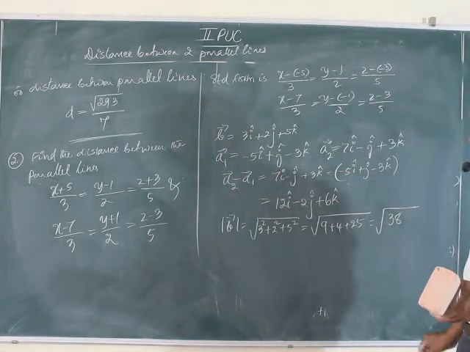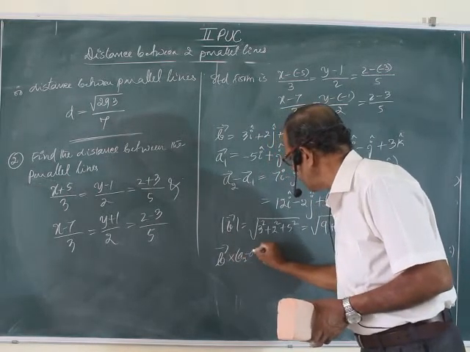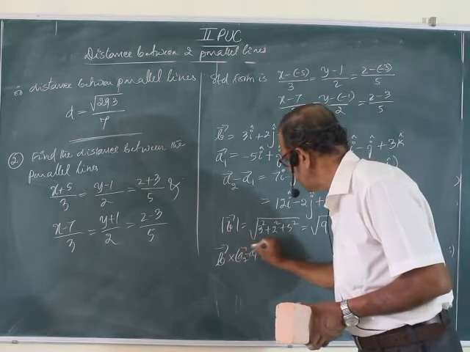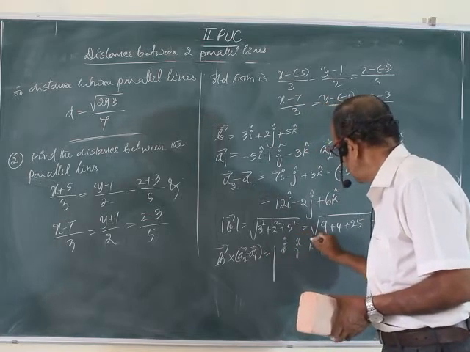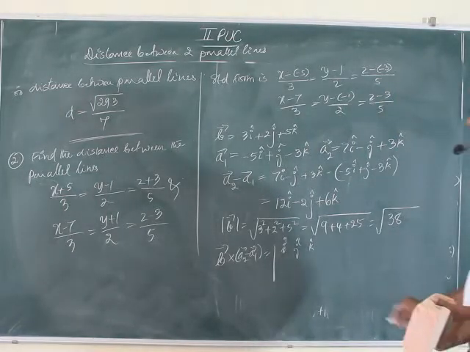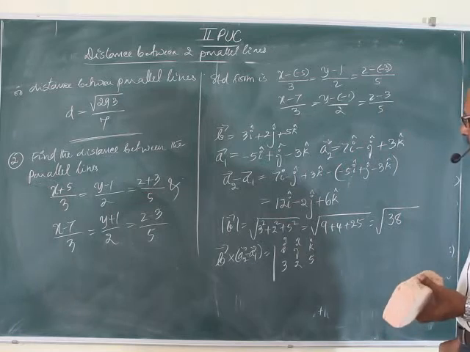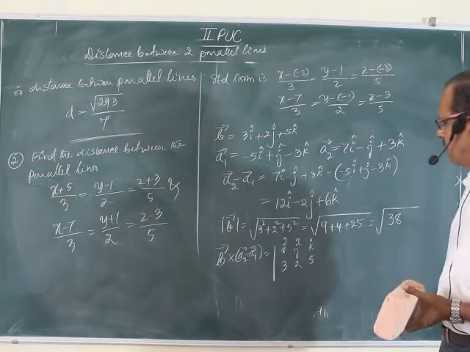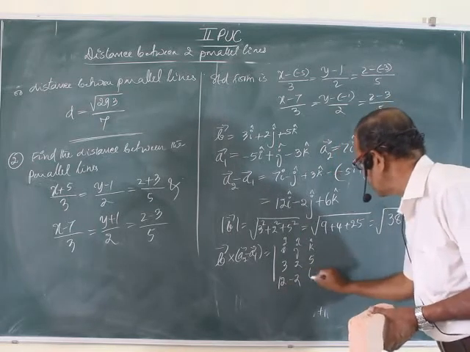Next part is b cross a2 minus a1. i, j, k. b is 3, 2, 5. a2 minus a1 is 12, minus 2, 6.